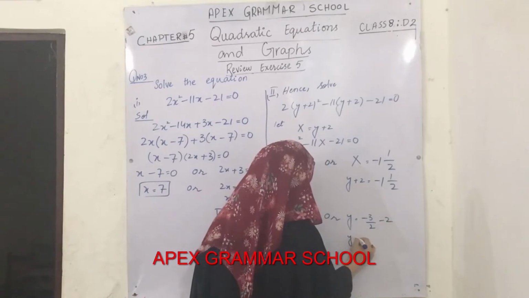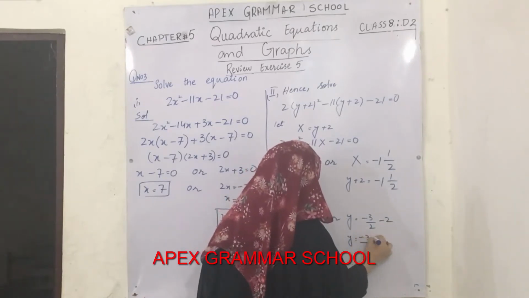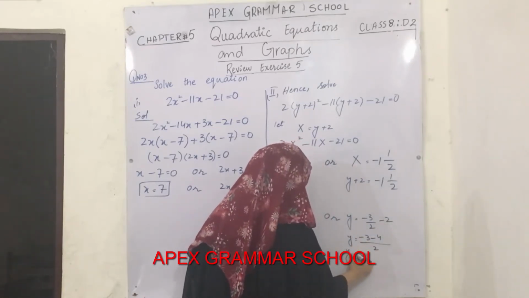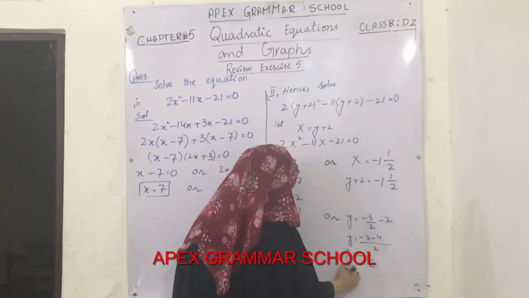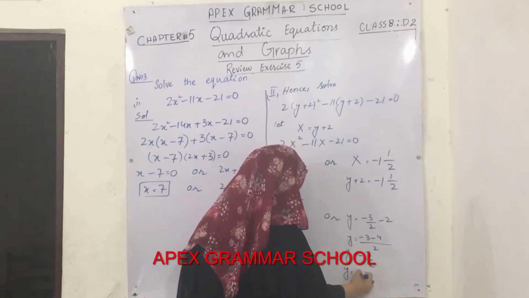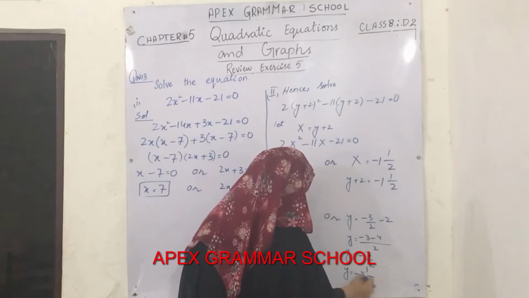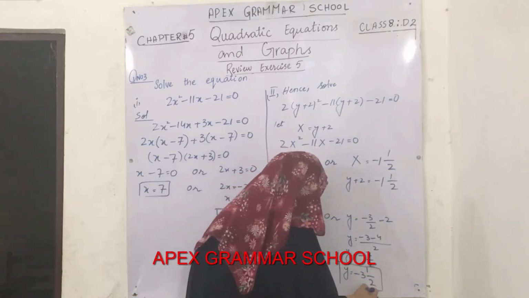Now I have to take the LCM: (−3 − 4)/2, y = −7/2, and after division −3 whole 1 by 2. So these are the roots.